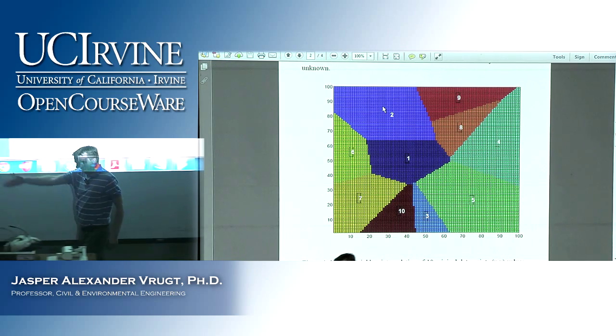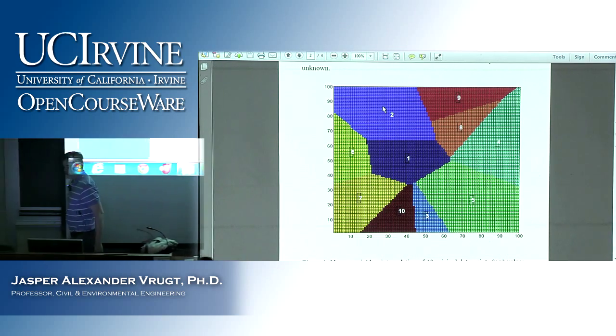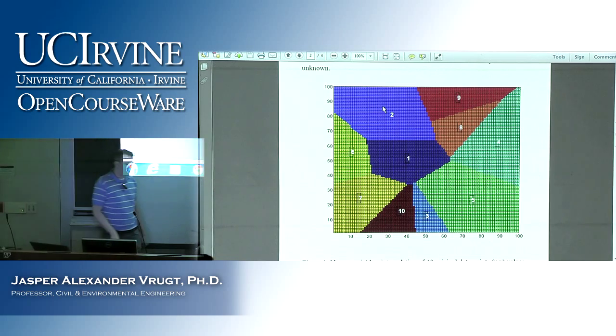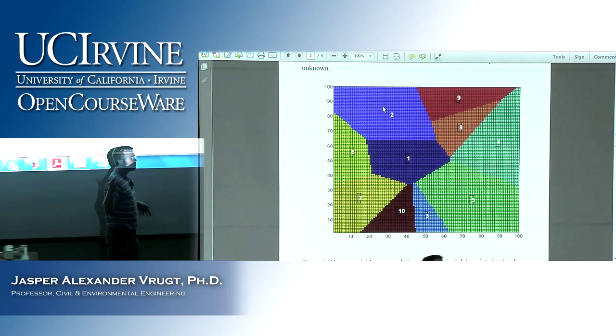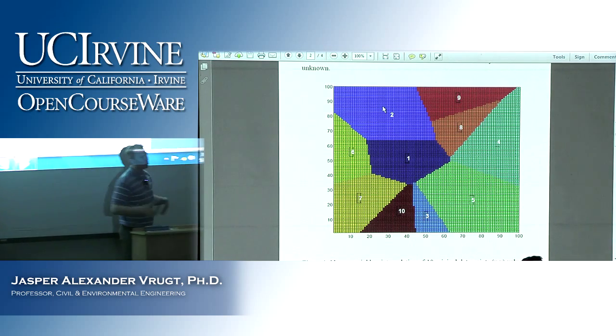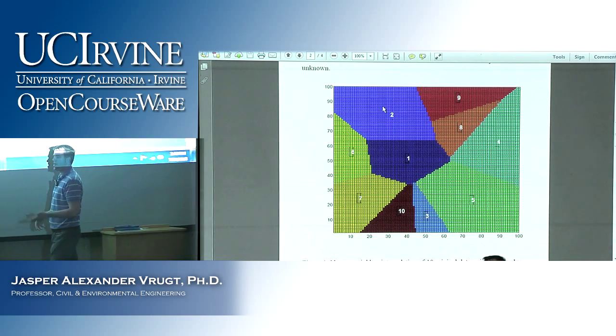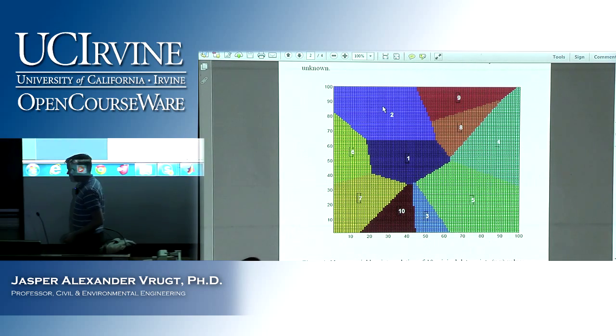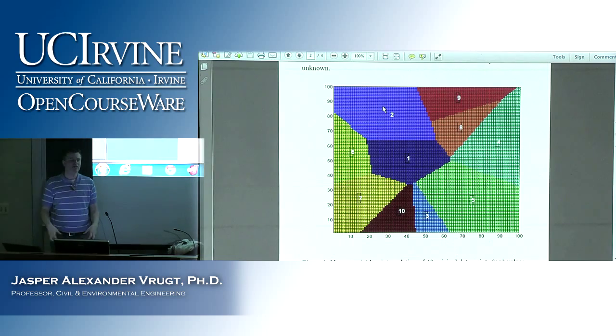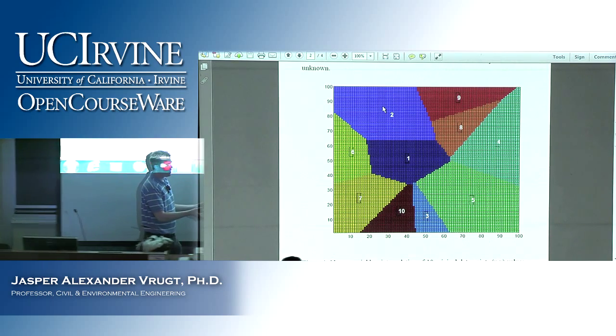Then create the map with griddata. Subtract the original map that you had in the ASCII. Calculate the absolute difference and the sum of squared error, like least squares. And then propose a change to x and y.